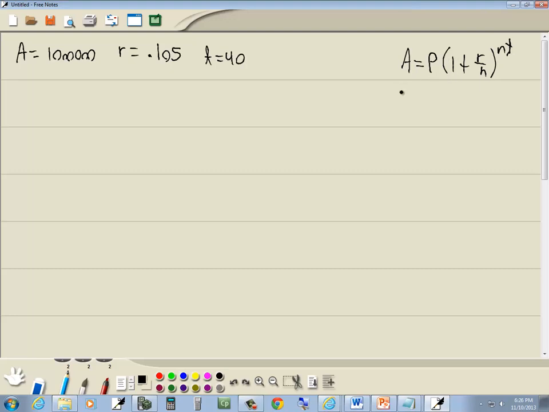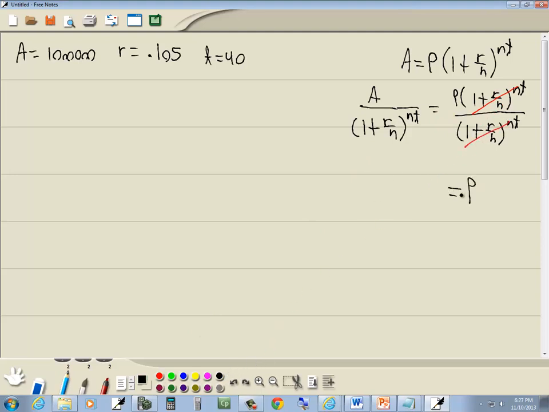Now I want to get P by itself, so we divide both sides by what's behind our P. So we got A divided by 1 plus R over N to the NT power is equal to P times 1 plus R over N to the NT power divided by 1 plus R over N to the NT power. These 1 plus R over N to the NT powers cancel.